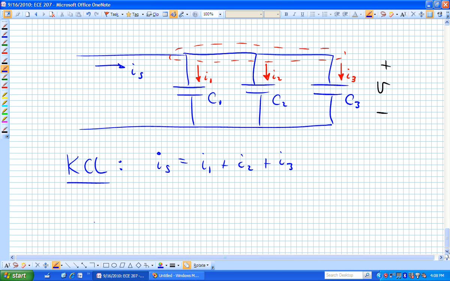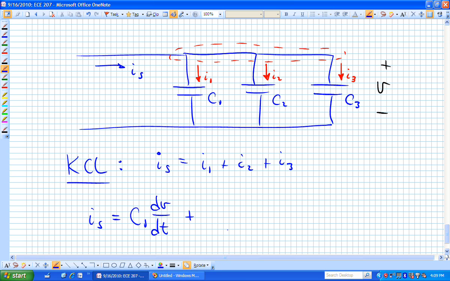And now we can write down our ICE relationship in terms of the capacitor C sub 1 and this voltage V across it. How can we rewrite I sub 1? That's just C dV dt.